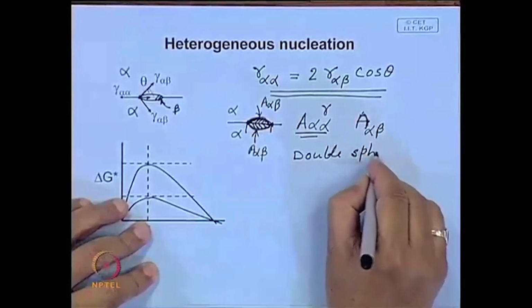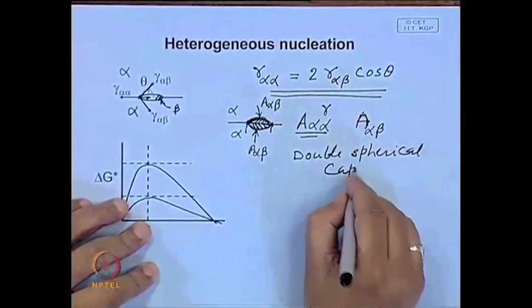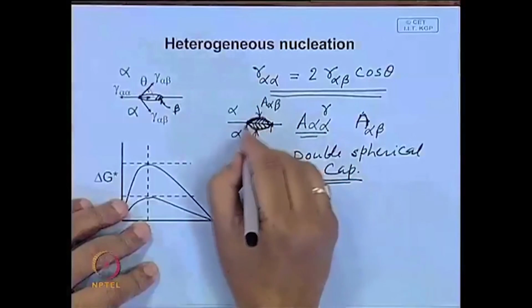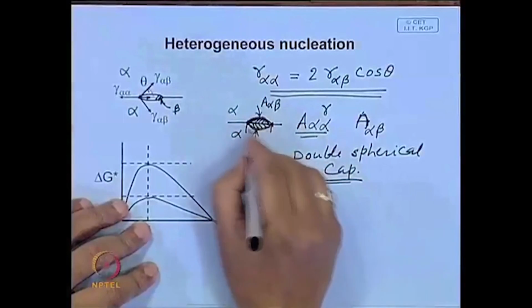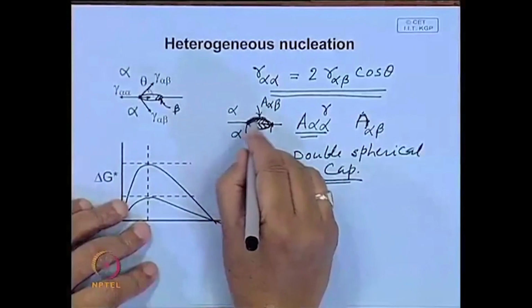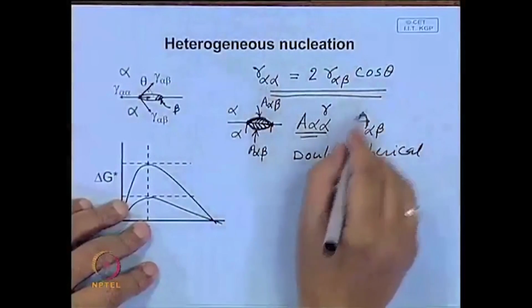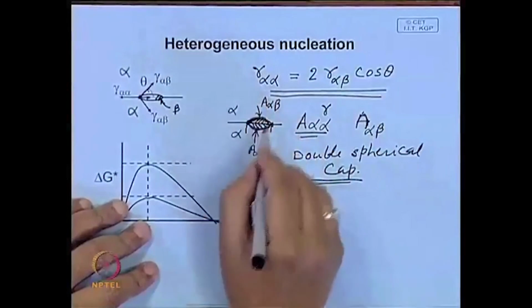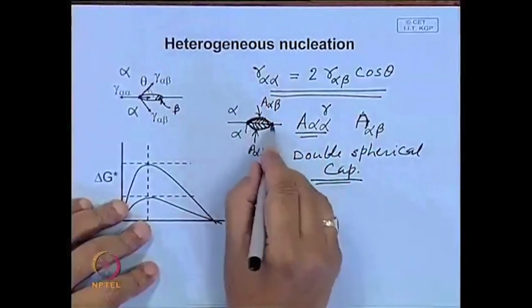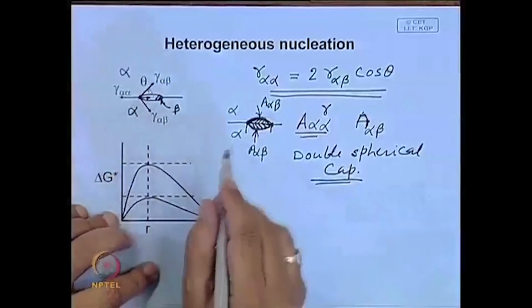So, assuming this type of shape, it is possible to calculate the increase in area, and the change in the surface energy as a result of this type of heterogeneous nucleation of precipitate.